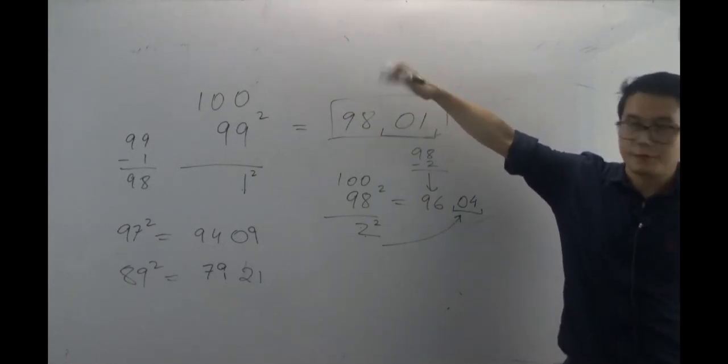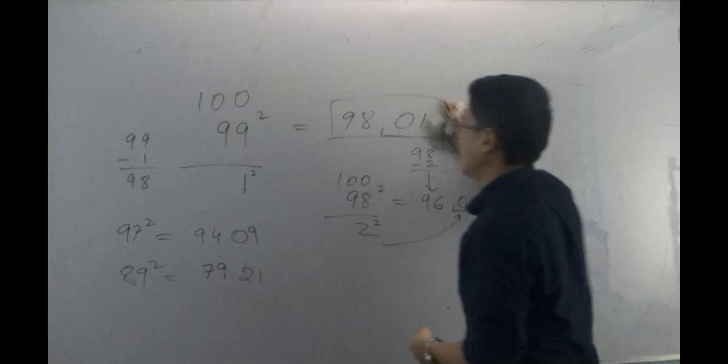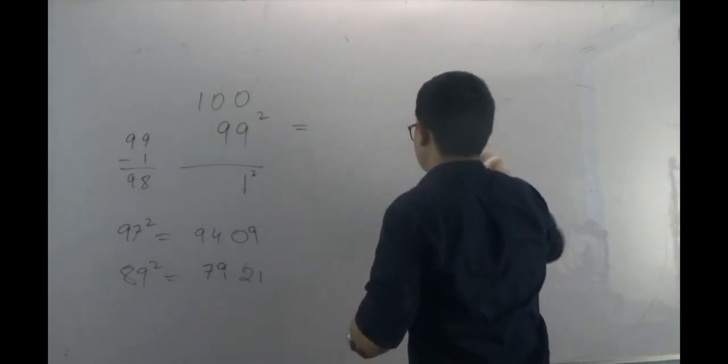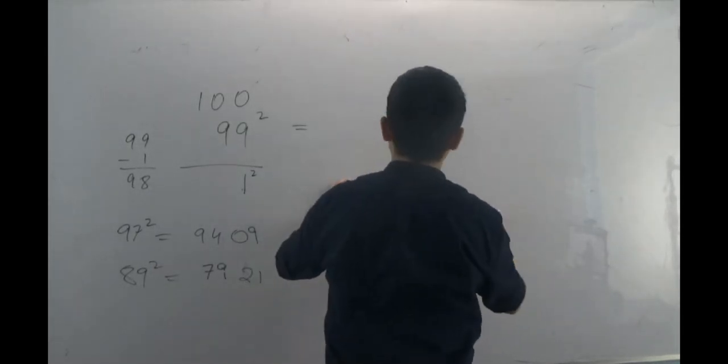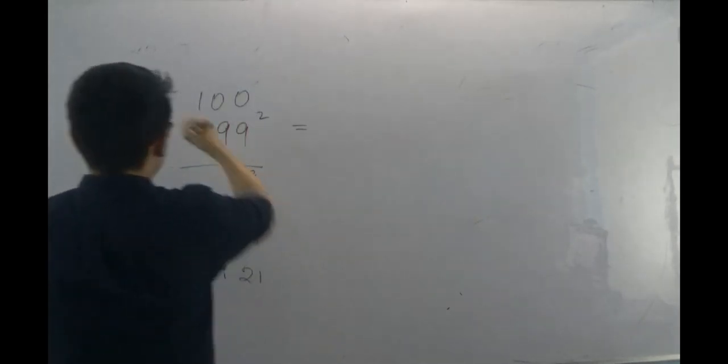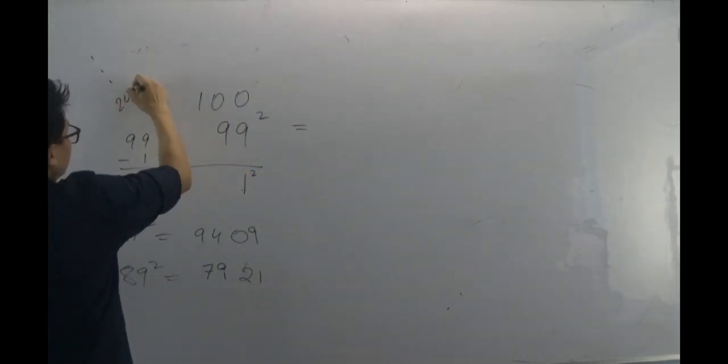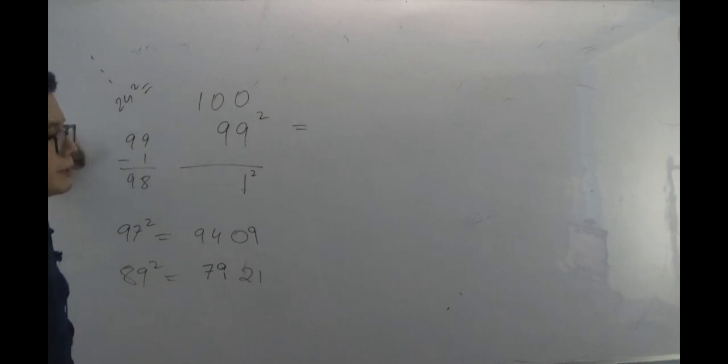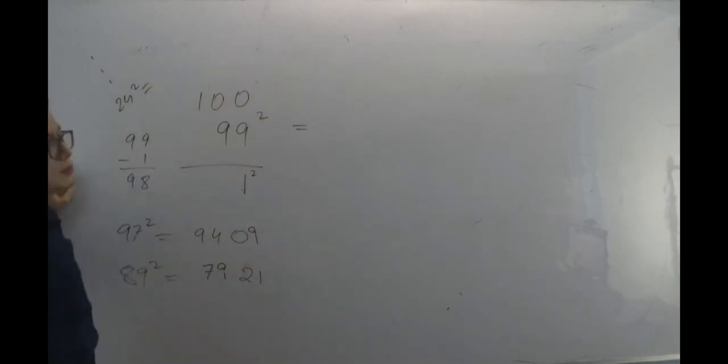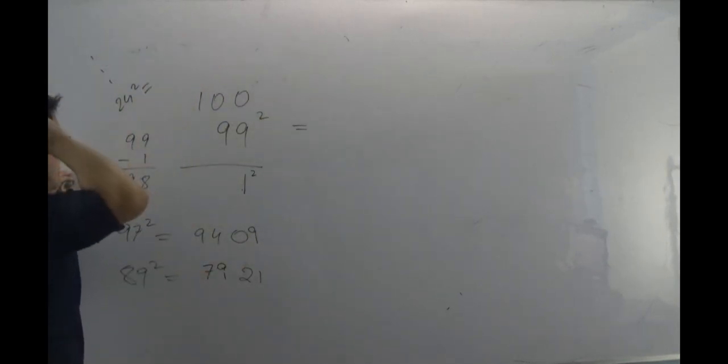This is 100 nearby 100. If you can remember up till 24 square, or 30 square, 31, 32, it's up to you.